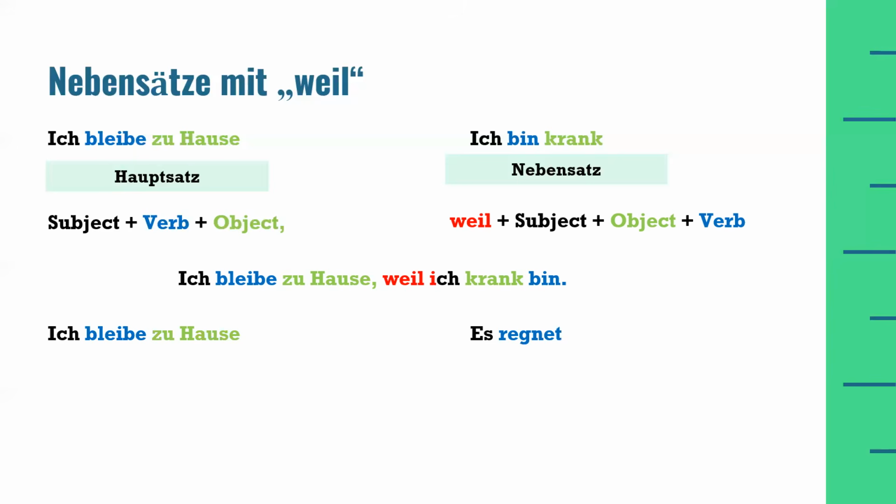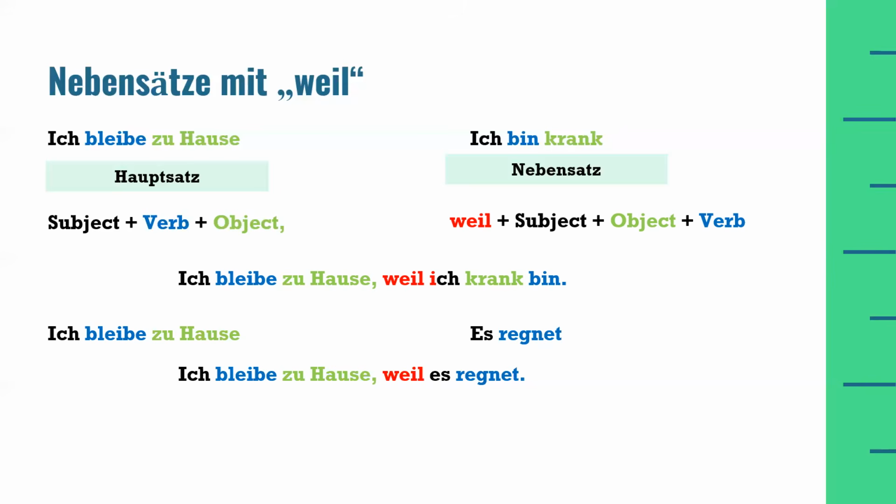Now, if we want to combine these two sentences again, it will be Ich bleibe zu Hause. So the Hauptsatz will remain as it is. And in case of Nebensatz, we have to follow a different sentence structure. That sentence structure is that we start the Nebensatz with the word weil, which means because.